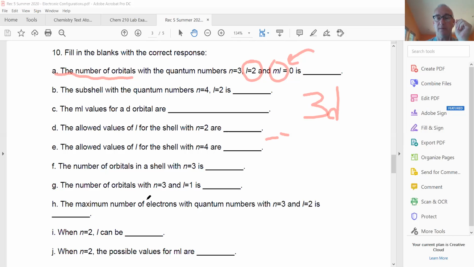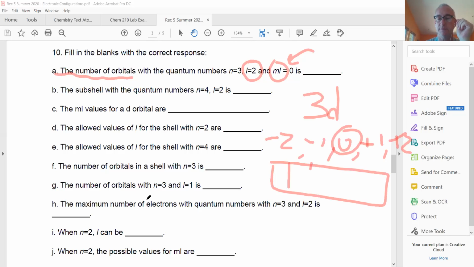And in a d orbital, it's talking about this one. So if we were drawing it out, it'd be this one in the middle. So the answer is just 1.